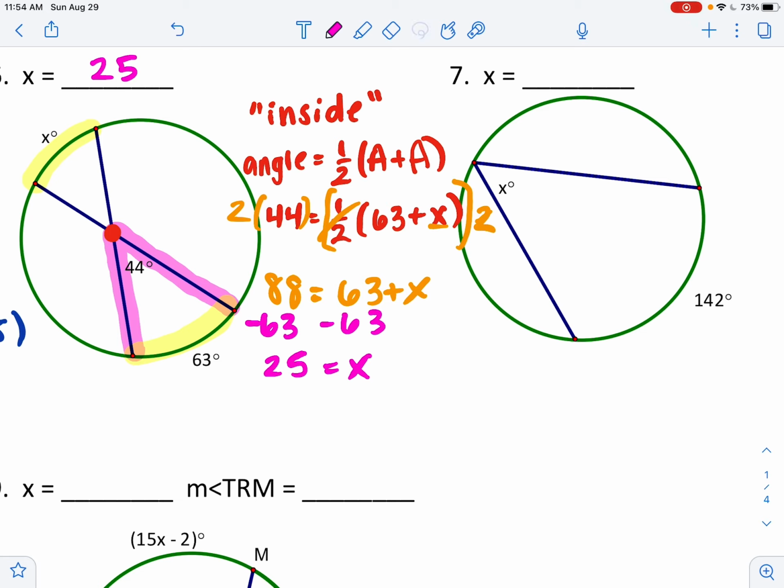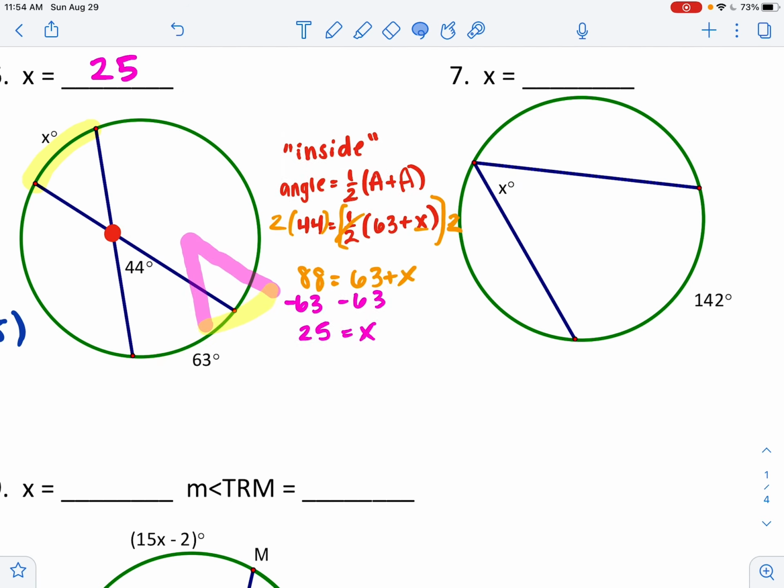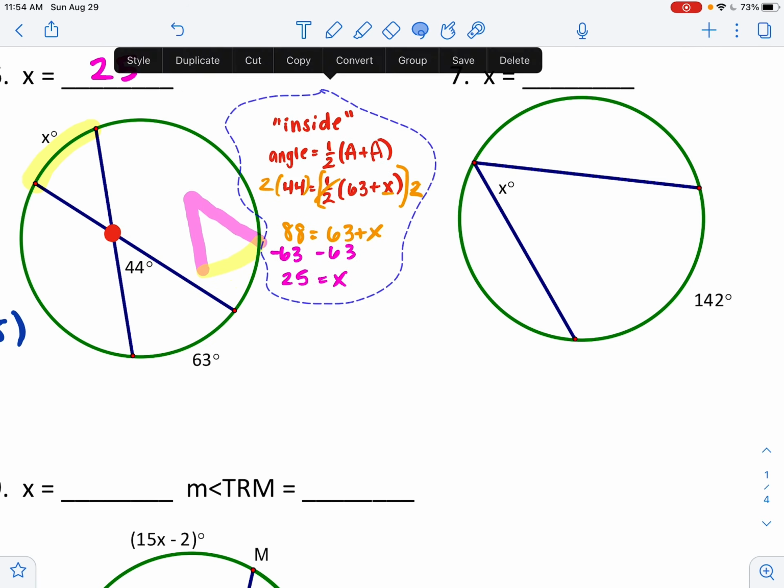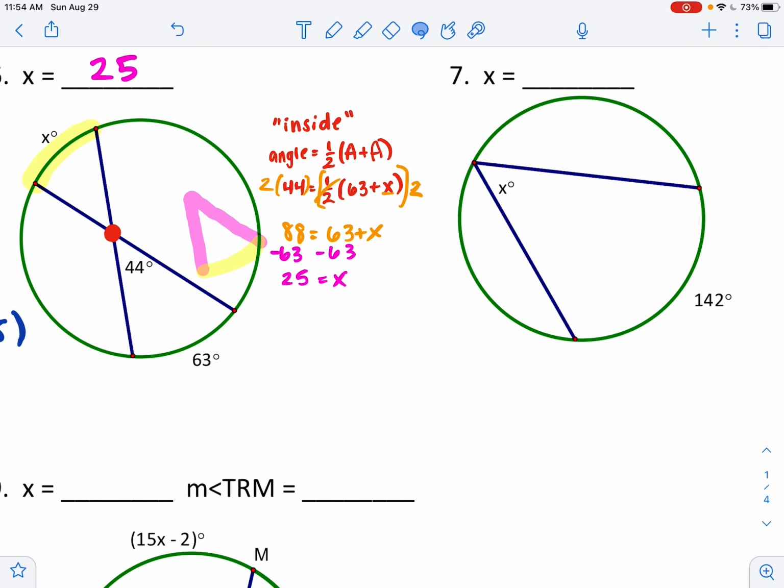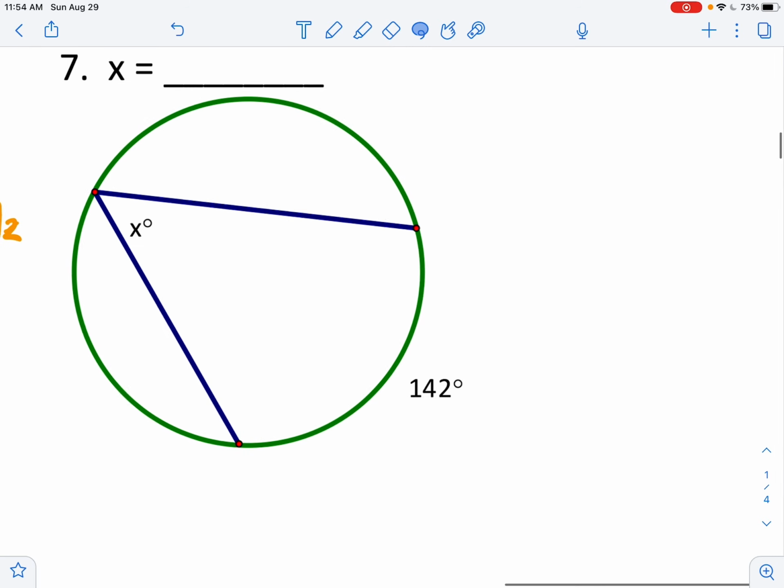All right, we're going to move on to question 7 here. I wrote kind of big, so I'm going to try to shrink it so that we have some space. But question 7, take a second, see if you can find the vertex for that angle. And I'll fix that later for the answer key. All right, so here's my angle. And the vertex of the angle is this point right here. And notice it is on the circle.